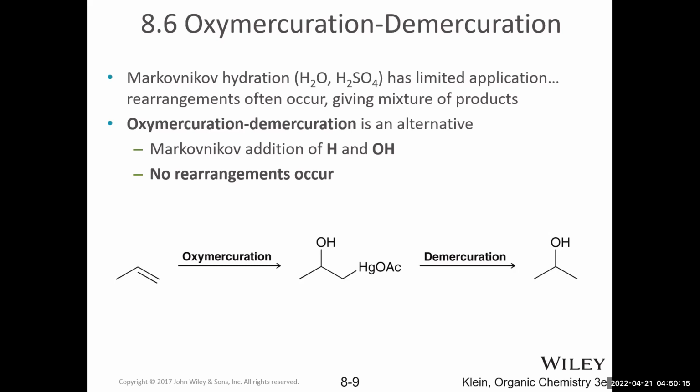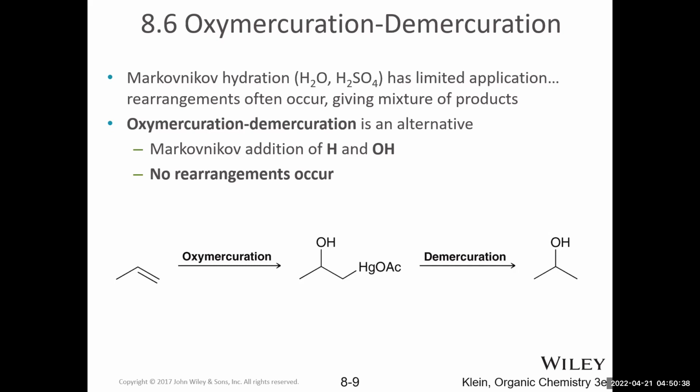However, oxymercuration-demercuration as a reaction has some advantages. The advantages are that it does not go through a true carbocation intermediate, and therefore there will be no rearrangement. And remember that rearrangements lead to mixtures of products, which organic chemists want to avoid.